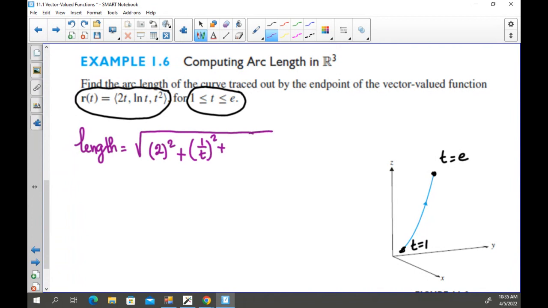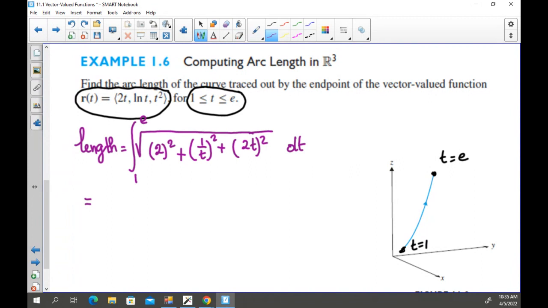Plus 2t squared. Sorry, 2t. The square is outside. And it's going to be the integral from 1 to e dt, like this. So that is going to give us the length of this curve.